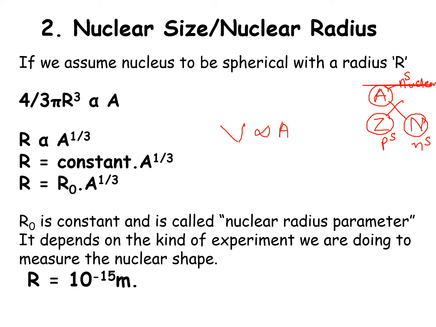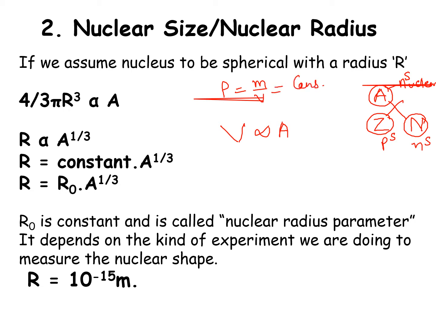Now, the distribution of protons and neutrons is nearly uniform, so the density is almost constant. Since density is equal to mass upon volume, we are saying that density is constant.